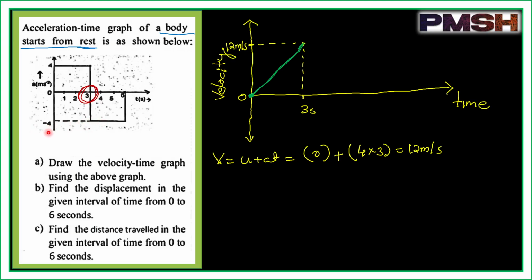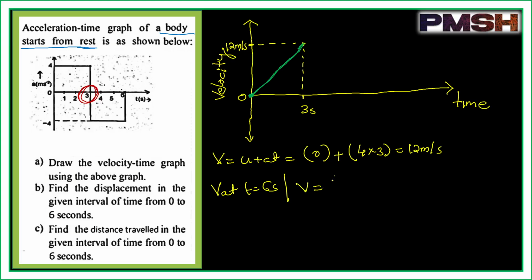The acceleration is minus 4 meter per second square. You can observe here. From 3 to 6, the acceleration is minus 4. So you will calculate the velocity at t equal to 6 second. So let's see how to calculate.